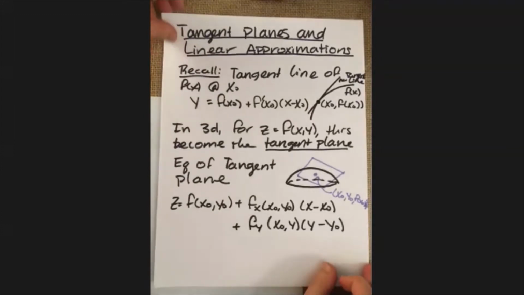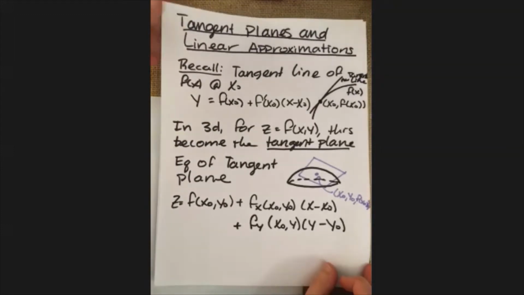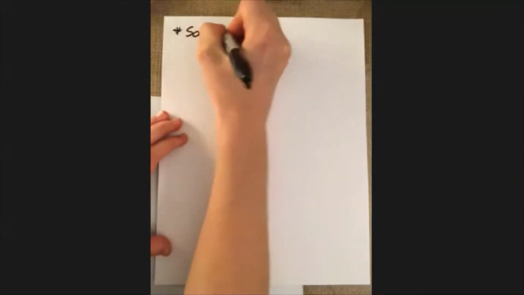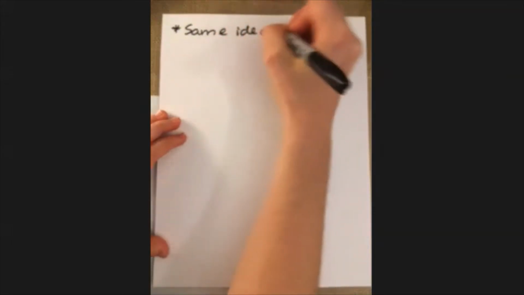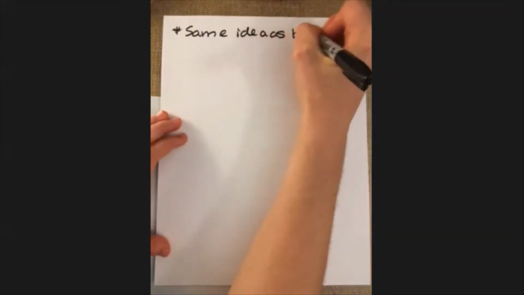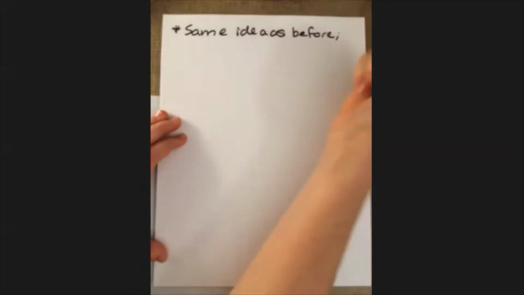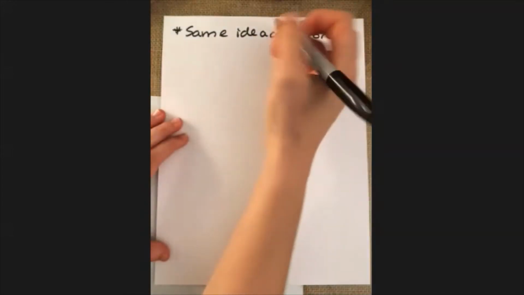So there are a couple of observations that we can make. The first is that this is the same idea as before, only now we have 2 derivatives that we have to consider, each of the partial derivatives, instead of just the one.